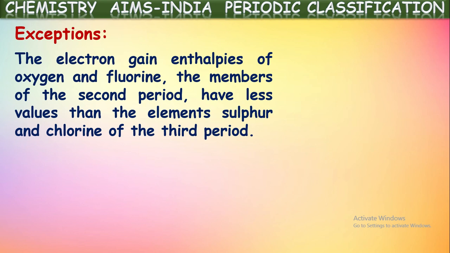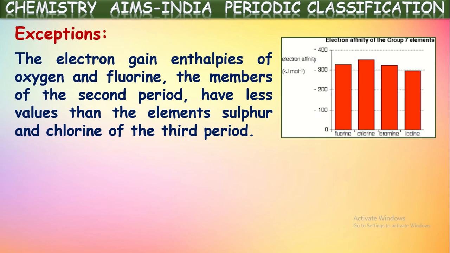Actually, fluorine should have the highest electron affinity, but chlorine is having greater electron affinity than fluorine. So, if you see the seventh group elements, electron affinity values, from fluorine to chlorine, it is increasing. I observe this.